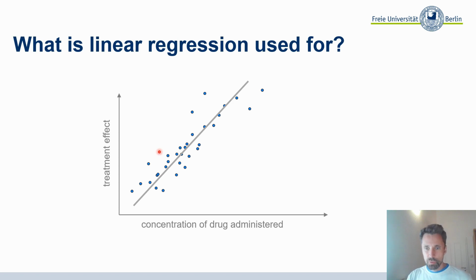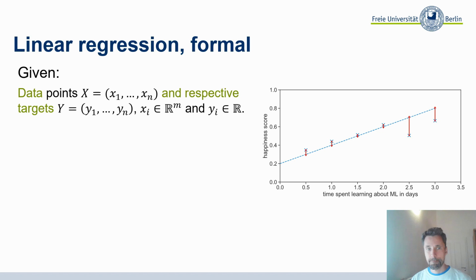Linear regression is a well-known method in statistics. We will not look into that too much. Here in this lecture, we want to focus on how we can obtain the parameters of this model given the data that we have. Formally, we are given a set X again, which is the set of all data points x_i, x_1 through x_n, and they live in an m-dimensional vector space.